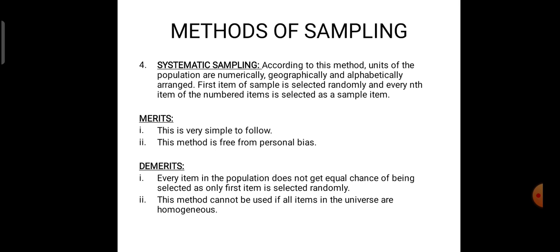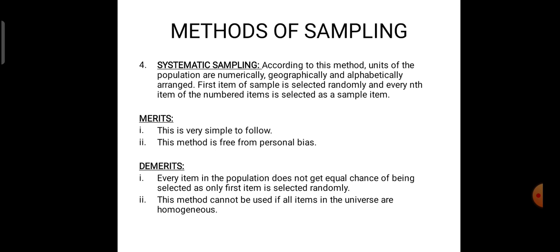Likewise, we will select in the same manner every fourth item in our sample. So first of all, we will arrange the entire universe in a systematic manner, and then we will select the first item of the sample randomly, and from that we will select the samples at equal intervals from each other.